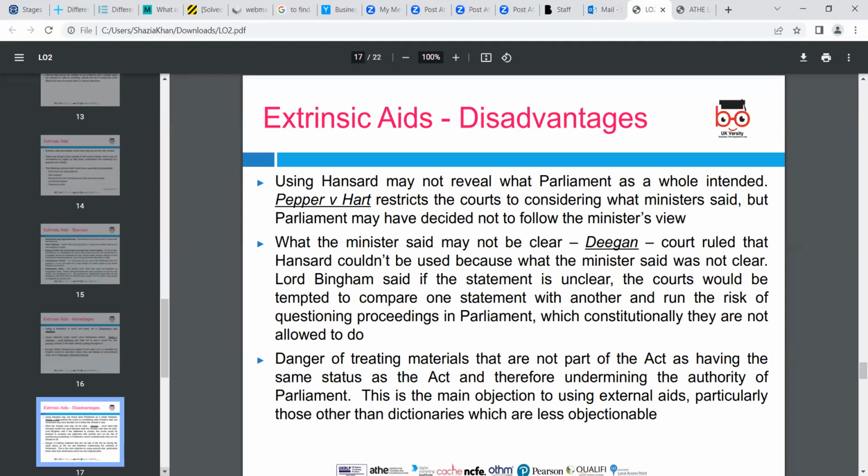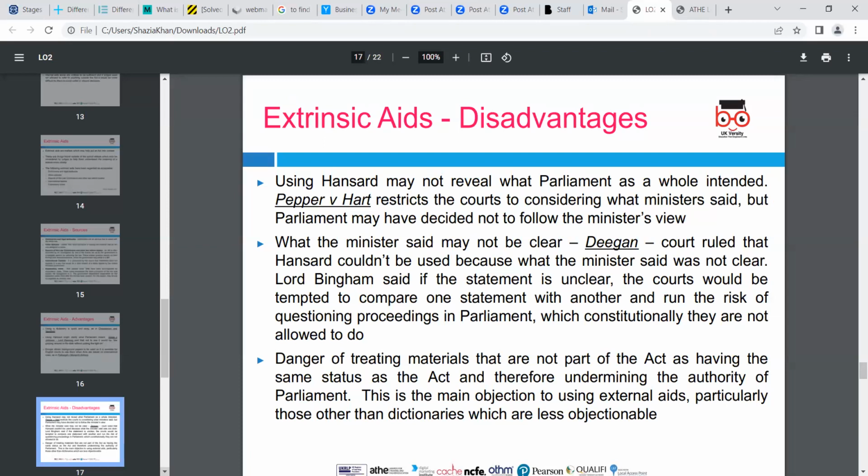What the minister said may not be clear. In the case of Deegan, the court ruled that Hansard couldn't be used because what the minister said was not clear. Lord Bingham said if the statement is unclear, the courts would be tempted to compare one statement with another and run the risk of questioning proceedings in Parliament, which constitutionally they are not allowed to do.